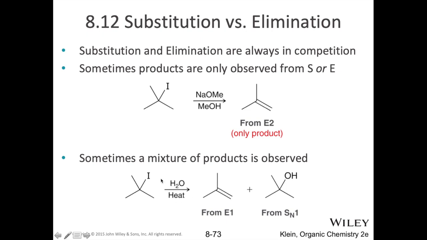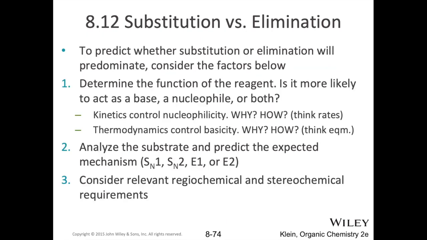But with different conditions and the same substrate, notice that now we have a mixture of products. We have an elimination product via an E1 mechanism, and a substitution product from an SN1 mechanism. So again, you've got to be careful of what your reagents are.